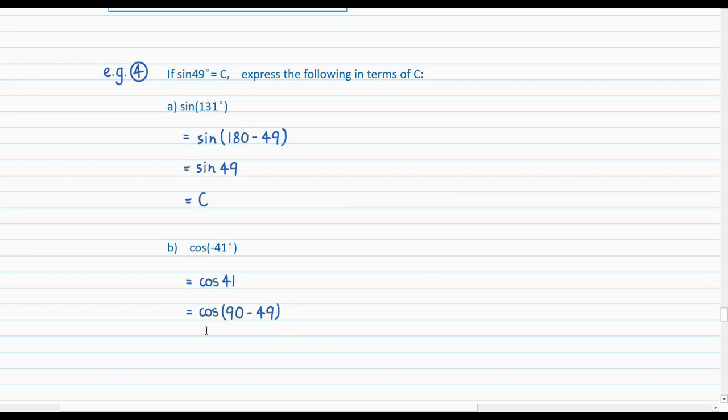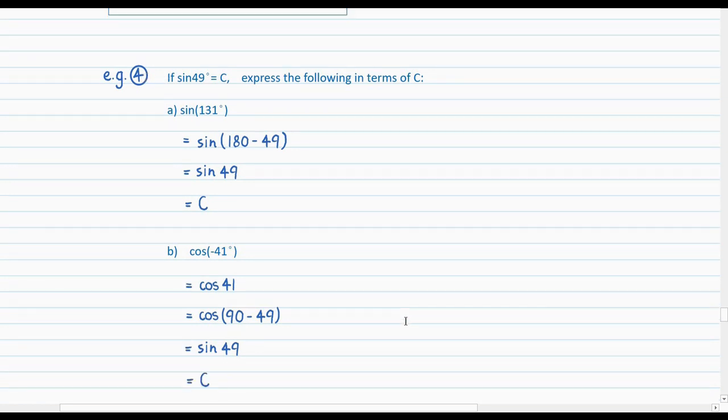But you should be familiar with this from earlier, where I mentioned that cos and sine are cofunctions, where cofunctions have the same value when their angles are complementary, meaning when they add up to 90. Therefore, cos of 90 minus 49 would be the same as sine of 49, which again is exactly the same as c.